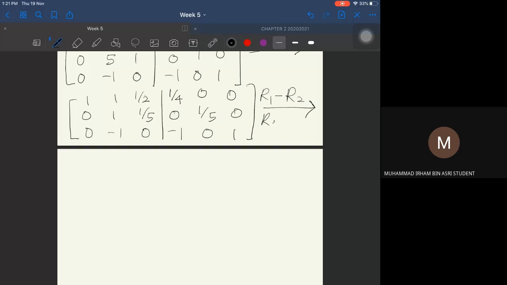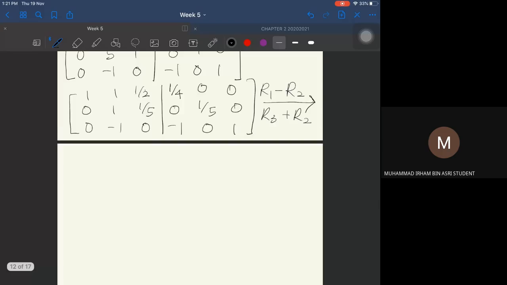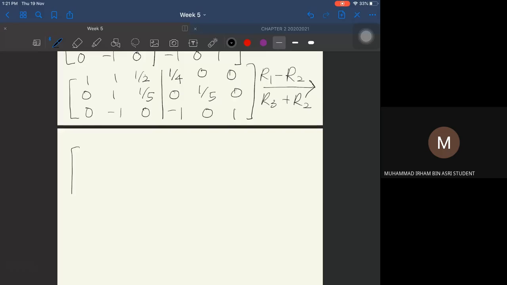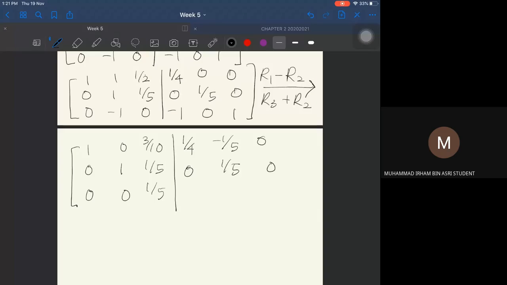R3 tambah R2. Ya, betul. Okay, so R3 tambah R2, so akan dapat kosong juga. So, you akan dapat 3 per 10, 0, 1, 1 per 5, 0, 0, 1 per 5, 1 per 4, iaitu 1 per 5 kosong, 0, 1 per 5 kosong, iaitu 1, 1 per 5, 1.